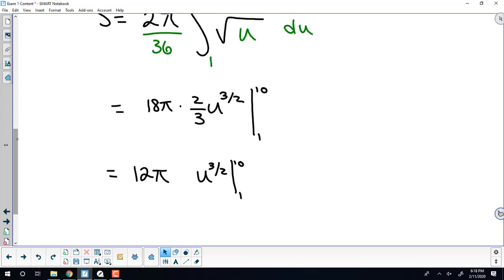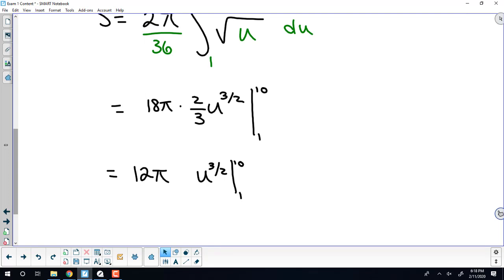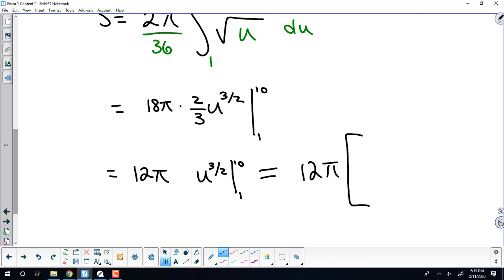Any questions? Did you get stuck somewhere? Like evaluating it, my MATLAB wanted the exact answer, the square root, and I couldn't figure out how to do it. Okay, so we have 10 to the 3/2 minus 1.